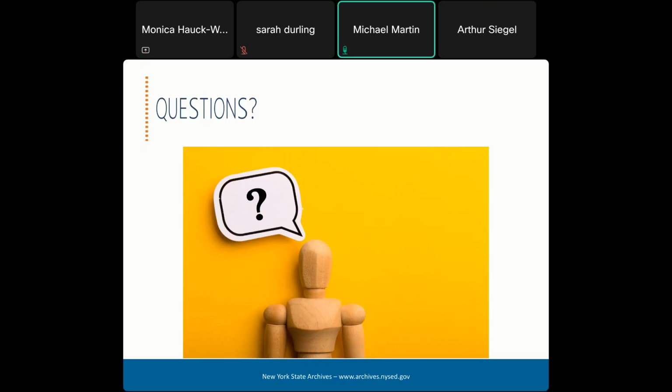We have one question. Are all those units about shelving and all the details in a publication? The information about shelving is divided between two different publications. The information about which shelves to purchase is available in the guidelines for inactive government records, and I'm going to put a link in the chat.